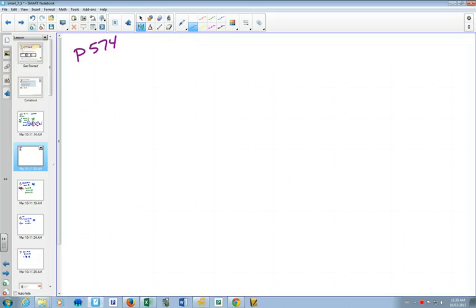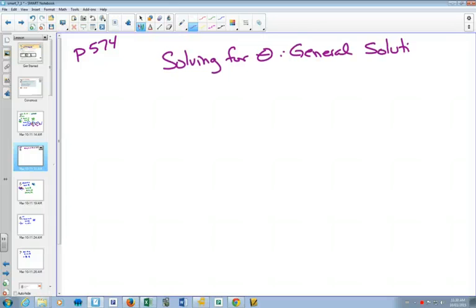And at the top of page 574, we're going to give this title, Add to our notes. And these questions can be asked in a number of different ways. Sometimes they say, provide the general solution, which means every single answer.